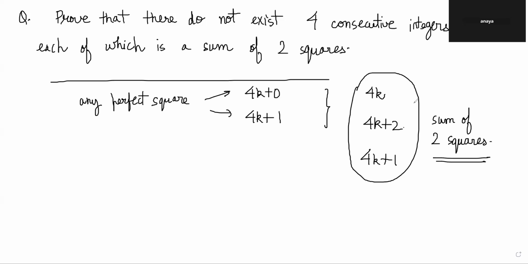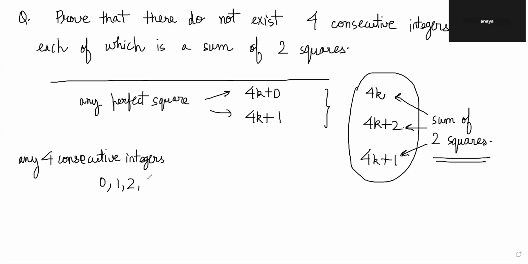Basically, what we are getting is sum of two squares can always be of these forms, right? And any four consecutive integers will leave remainder 0, 1, 2, 3 mod 4. So they will be 4k, 4k plus 1, 4k plus 2, 4k plus 3.